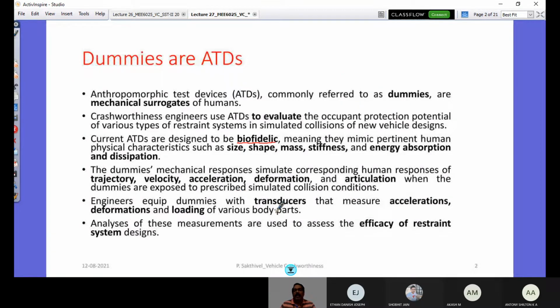Engineers equip dummies with transducers, instruments used to measure acceleration, deformation, and loading of various body parts. Analysis of these measurements is used to assess the efficacy of restraint system design. That is the background, and that is why these mechanical surrogate dummies are called anthropomorphic test devices.